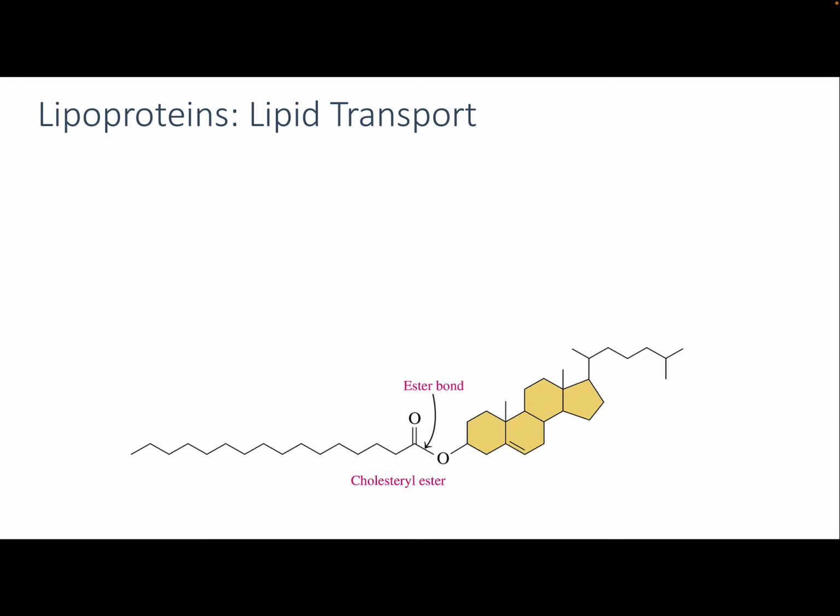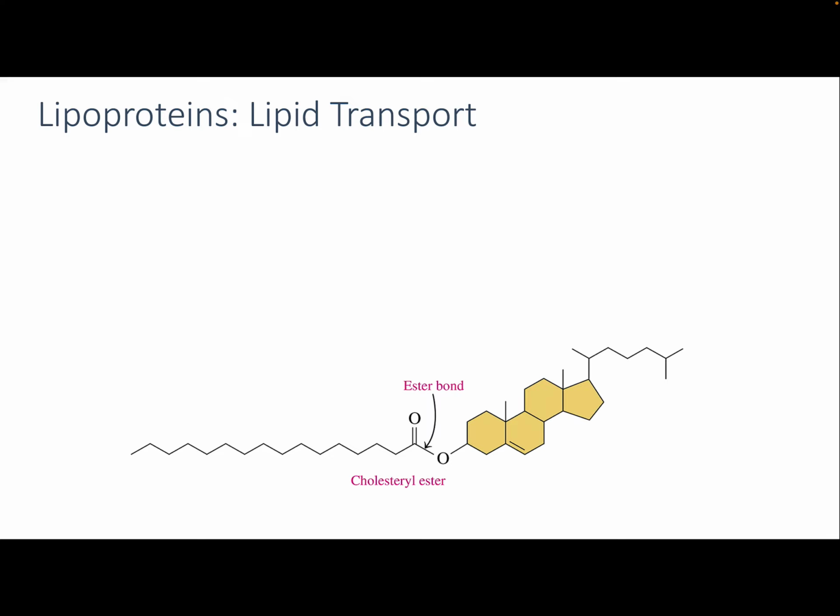Now, lipoproteins are also important because a lot of these molecules are mostly nonpolar. They can be really hard to transport around our bodies. So we have these things called lipoproteins, and these are molecules that we combine with lipids to make them more soluble. We typically will take glycerophospholipids and proteins and mix them together, and they're called lipoproteins.